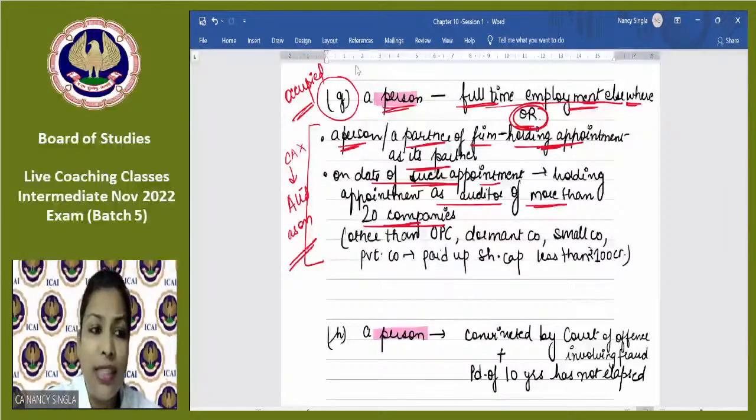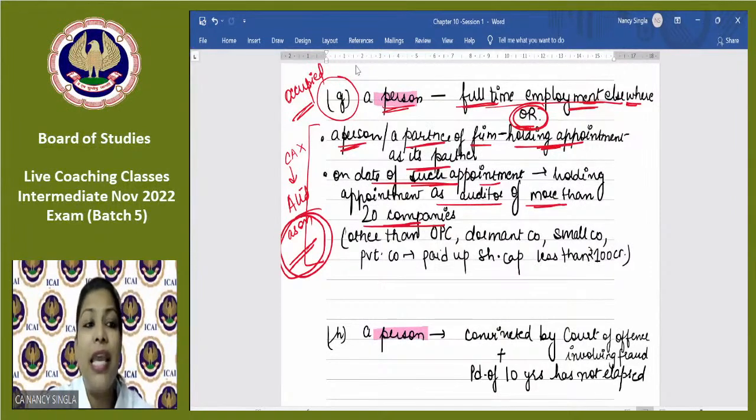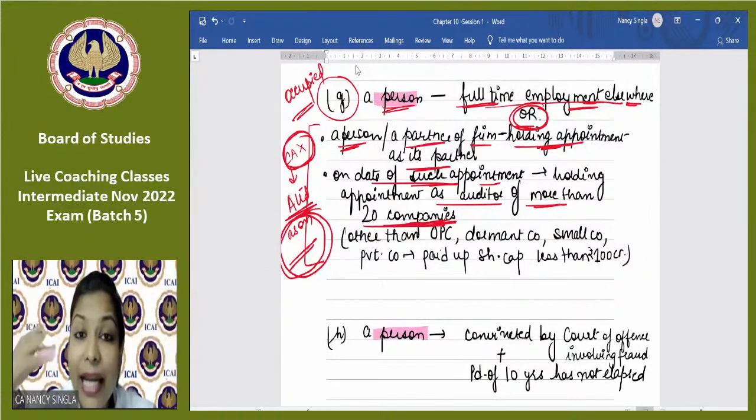So this clause says that on the date of appointment, if CA X is already holding appointment as statutory auditor of 20 companies, he cannot be appointed as the auditor of A Limited. Why? Because he is already occupied with the statutory audit of 20 companies.